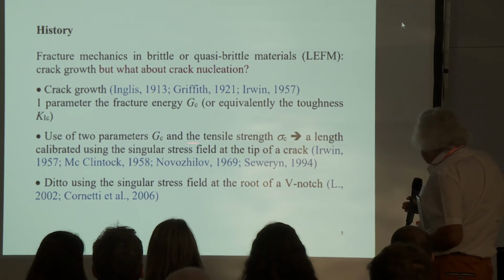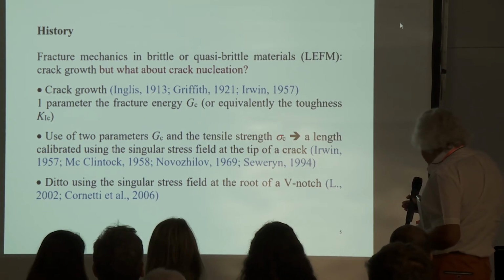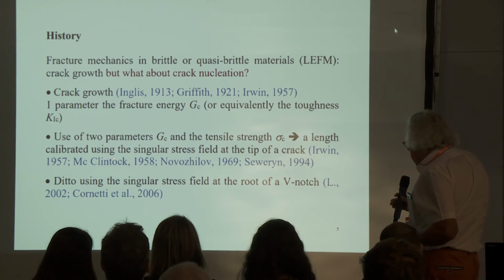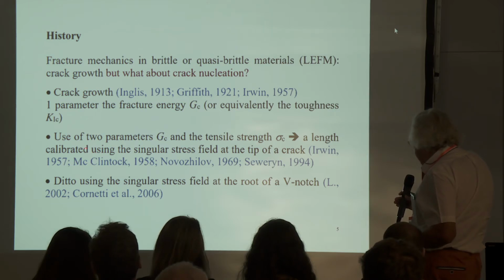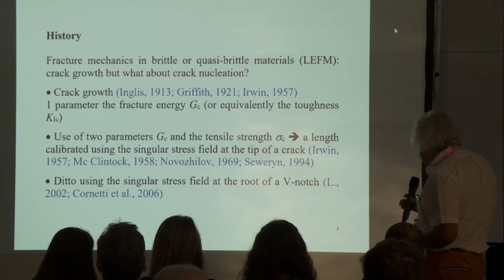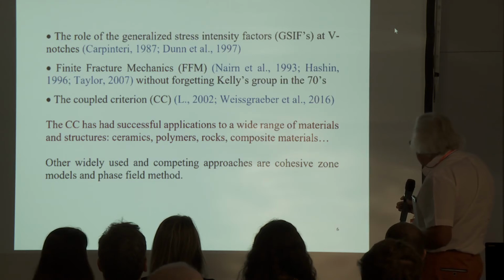Irwin did that, of course; instead of sigma c, he used sigma yield, and used that to define the size of the plastic zone. I can also mention McClintock, and Novozhilov and Seweryn, more dedicated to a kind of crack increment length. And once you have done that for a crack tip, you can extend it to the root of a V-notch. The singularity is just slightly different, but the same approach can be used.